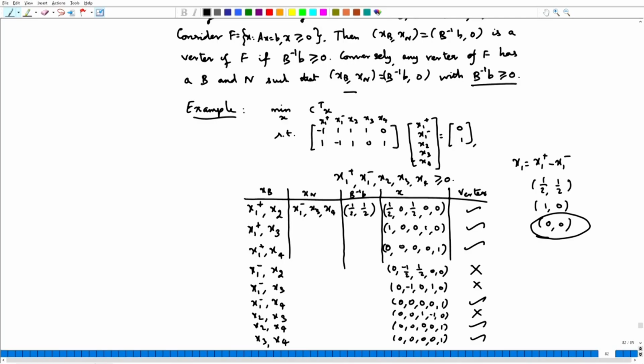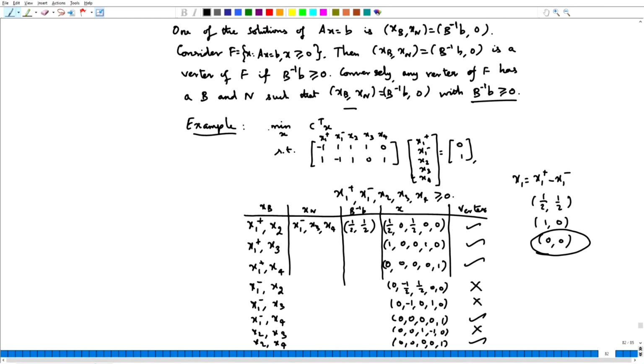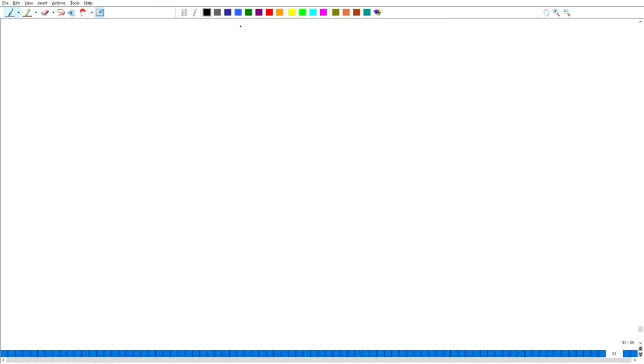All right. So, now what is the next step? So, we recall that we have this problem. In general we will have min C transpose x subject to A x equal to B, x greater than or equal to 0.